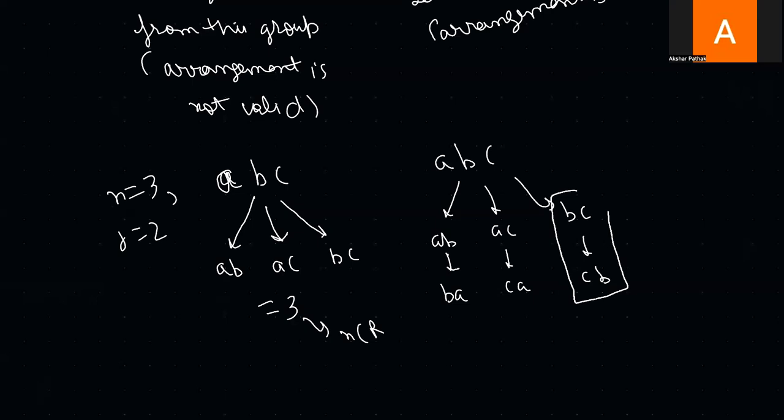Like BC is one way to arrange, and CB is the other way to arrange it. And had it been BCA, then you would permute or arrange BCA also, and there would be a total of 6 ways.